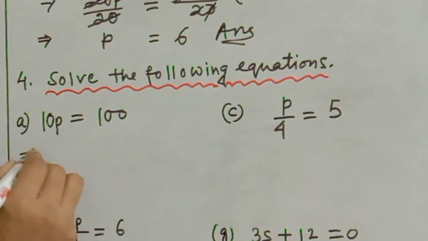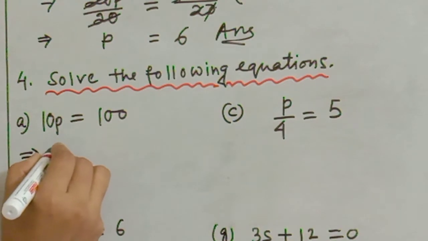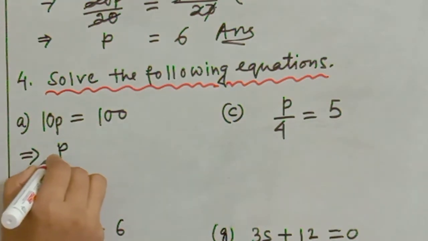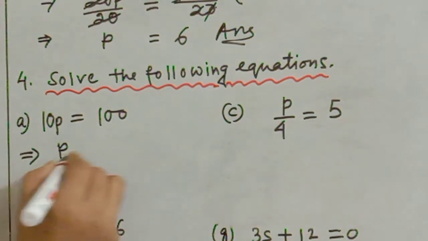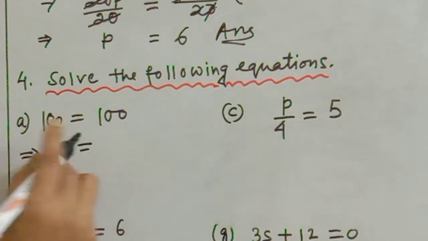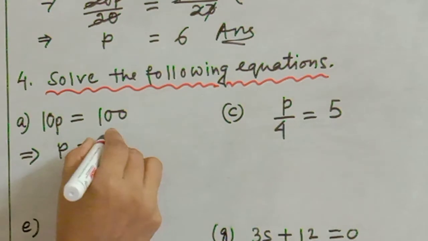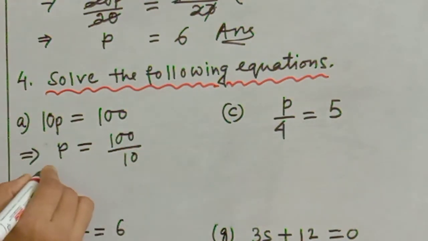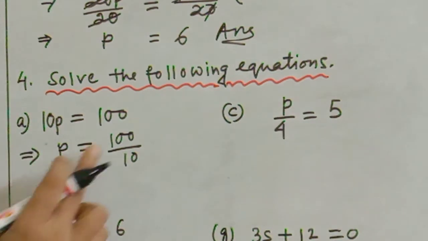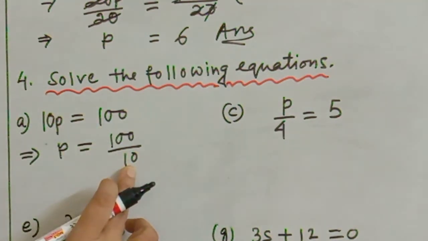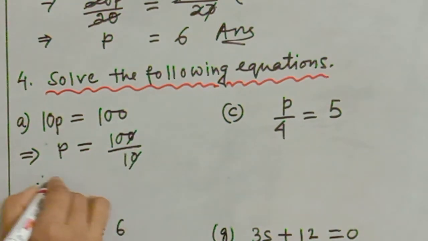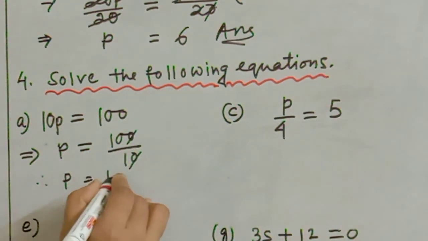To separate p from 10, I will divide both sides by 10, or you can do it directly. So 10p by 10, 10 cancels out, here also 100 by 10. Therefore p is equal to 10.